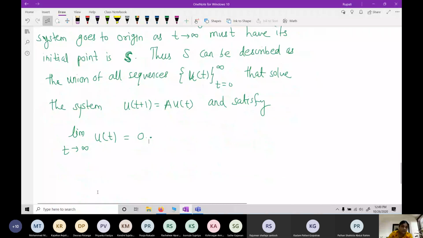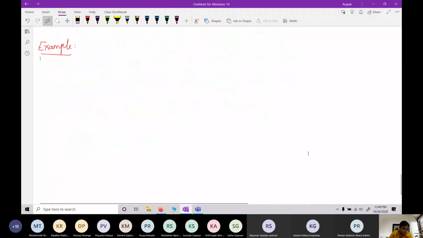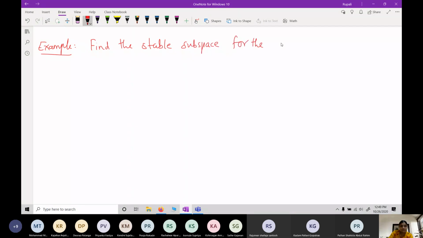Now we will take one example. Find the stable subspace for the system u at t plus 1 is equal to A times u t, where A is given to be the matrix with rows (0.5, 0, 0), (1, 0.5, 0), (0, 1, 2).